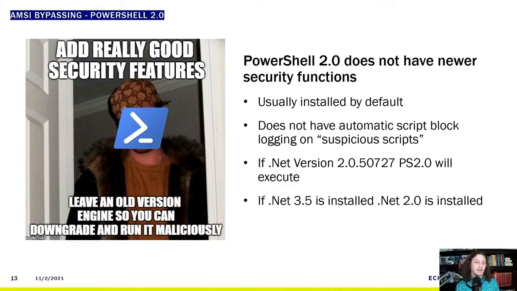Some things you lose when you go down to PowerShell 2.0 is automatic script block logging on suspicious scripts. So if you aren't already setting up script block logging, you're no longer getting any of those alerts. The only caveat I would put here is that if you are looking to run PowerShell 2.0, you do need .NET version 2.0.